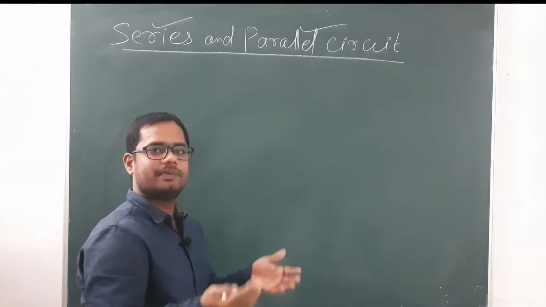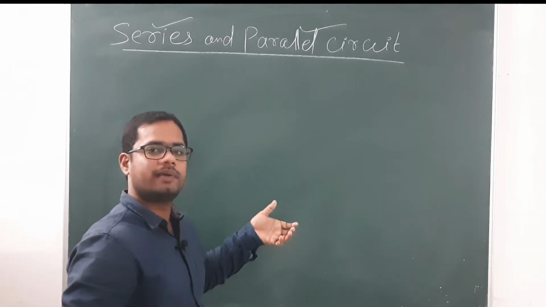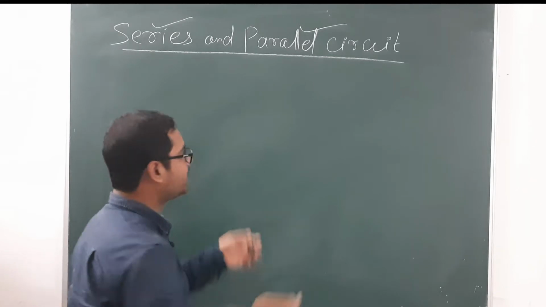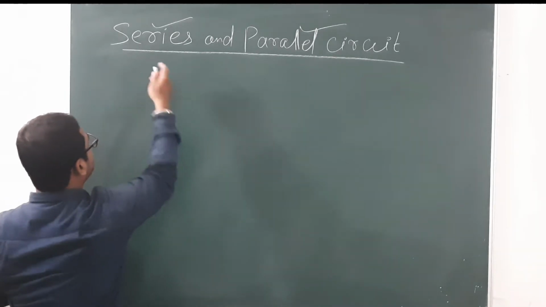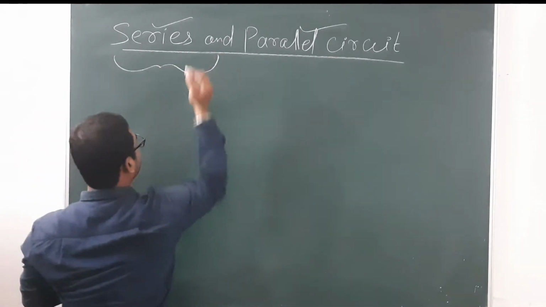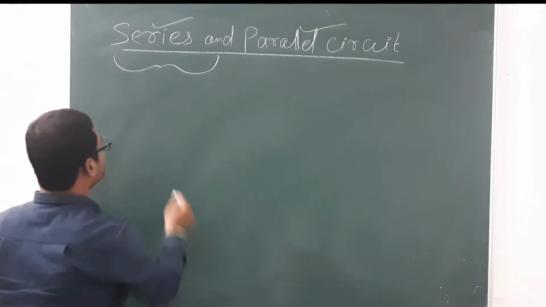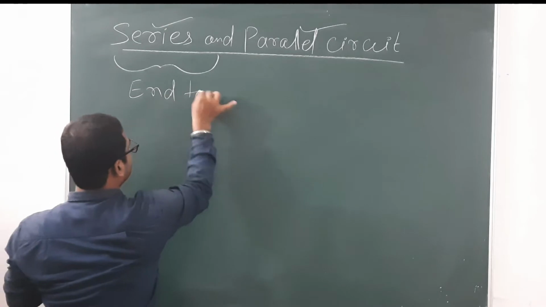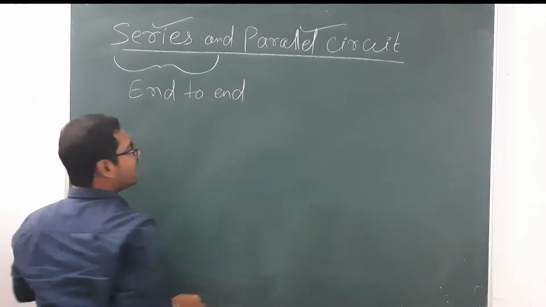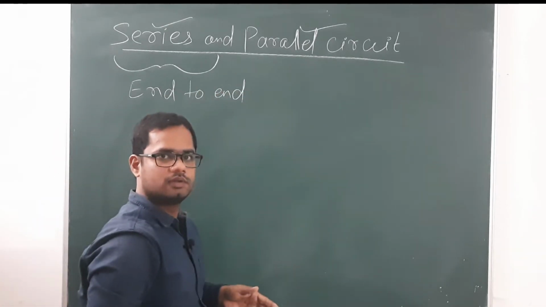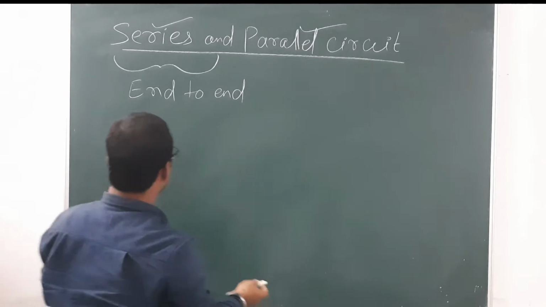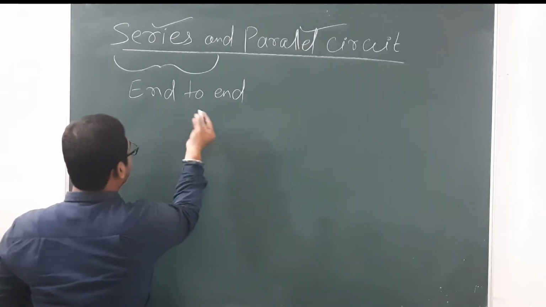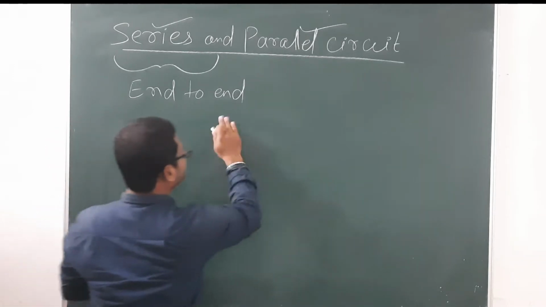Look at here. I am trying to explain that connection with the help of resistance. First start with the series connection. The series connection is otherwise called end to end connection. I will explain with the help of resistors.